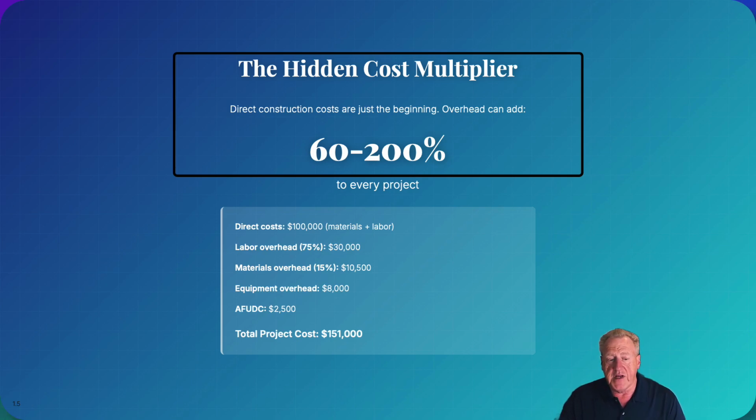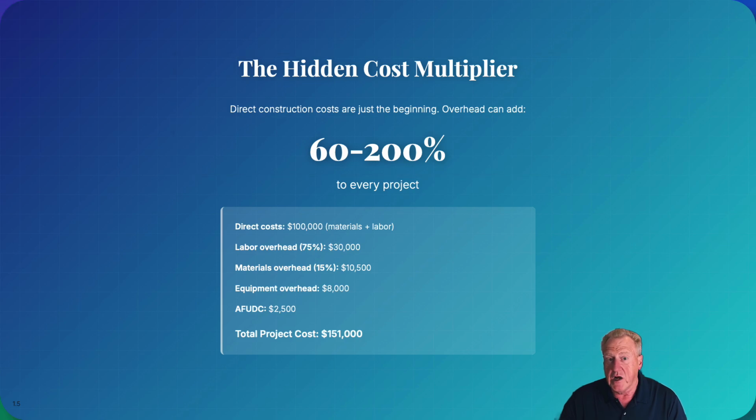So we take these direct costs of materials and labor. We have our labor overheads, say there's 75%. Perhaps we tack on 15% for materials overhead. We have equipment overhead. We have allowance for funds used during construction. And say our direct costs of $100,000 on this particular project, really, after adding overheads, are $150,000.